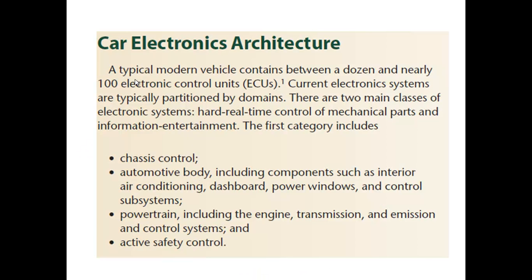Actually, a modern vehicle contains more than a dozen and nearly 100 electronic control units. So the current electronic systems are partitioned into domains such as real-time hard control of mechanical parts and the infotainment.